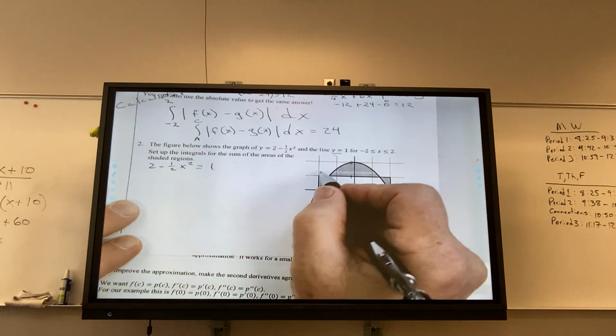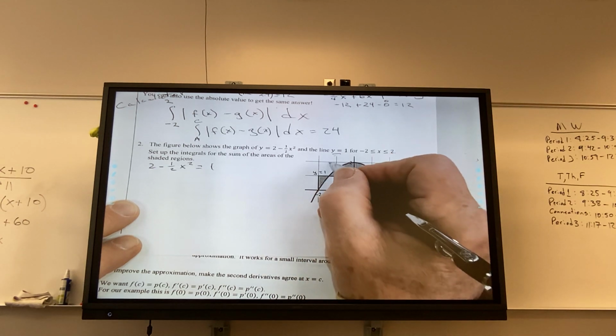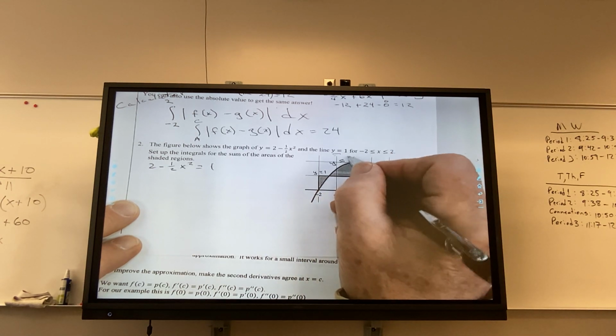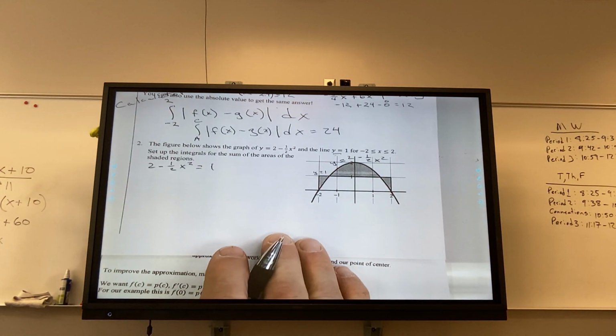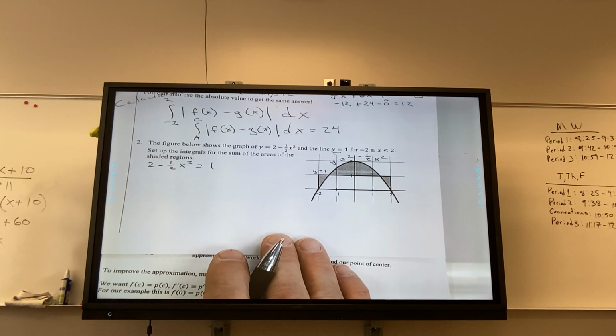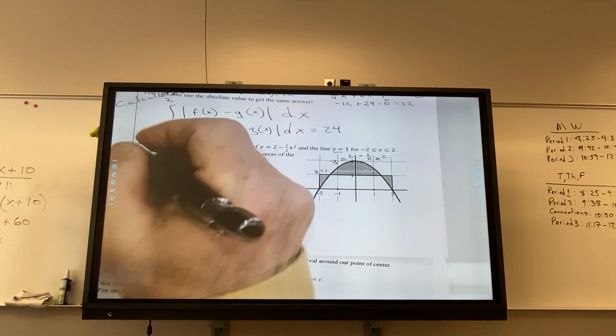Because that's my other graph. This is the graph right here, y equals 1. This is the graph y equals 2 minus 1/2 x squared. Everybody okay on that?